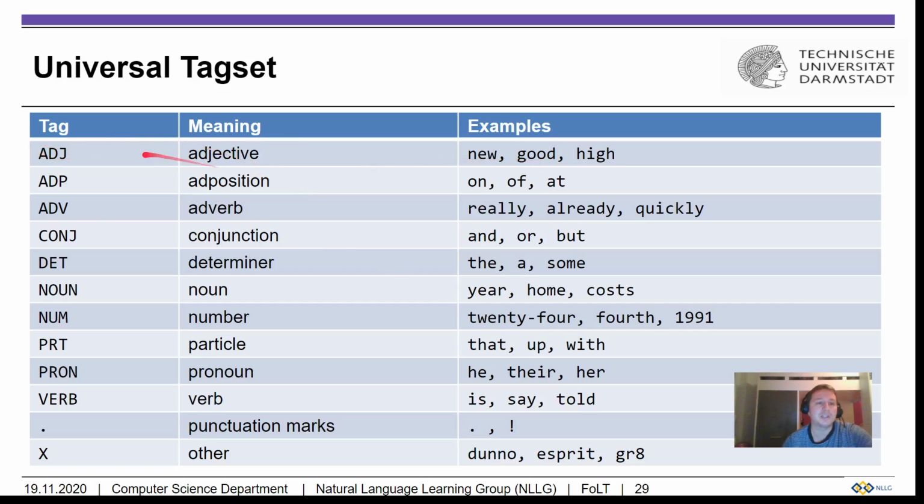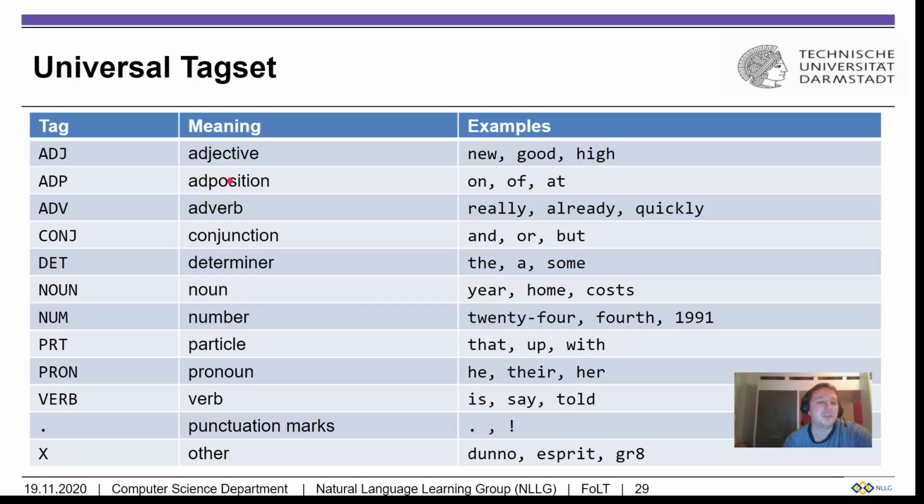So we have adjectives, abbreviated by ADJ, and examples in English are new, good, high. We have adposition, which are like prepositions. Yes, preposition or postposition. So in some languages, we also have something like postposition.